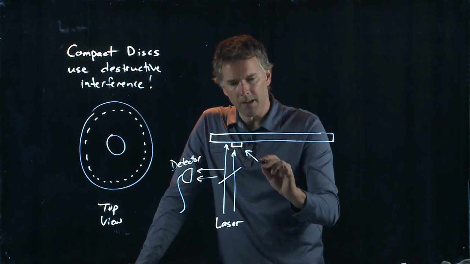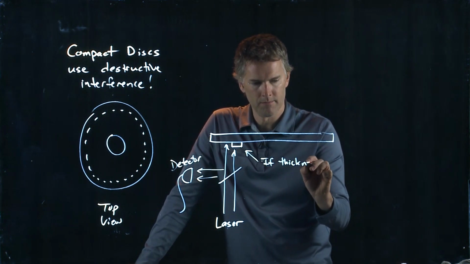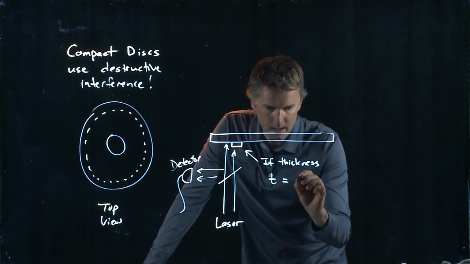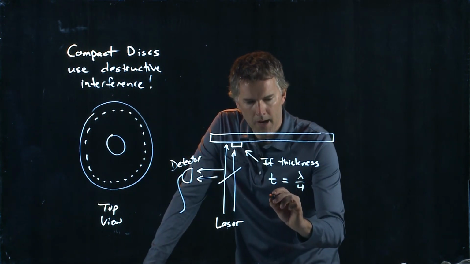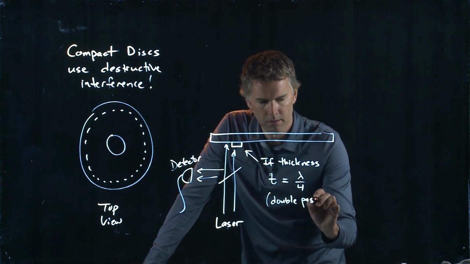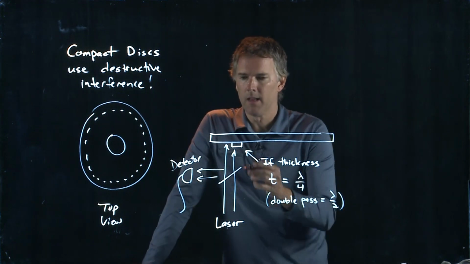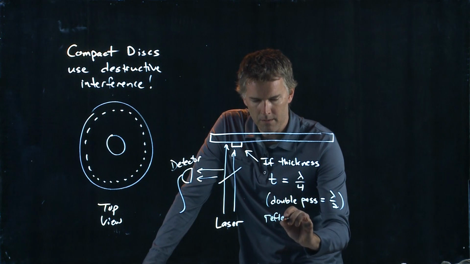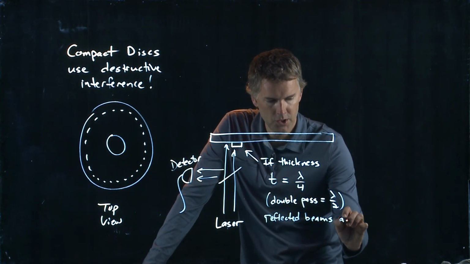Okay, if this thickness, T, is just right, if that thickness T is lambda over 4, then double pass means lambda over 2. Then the two reflected beams are 180-degree phase shifted.